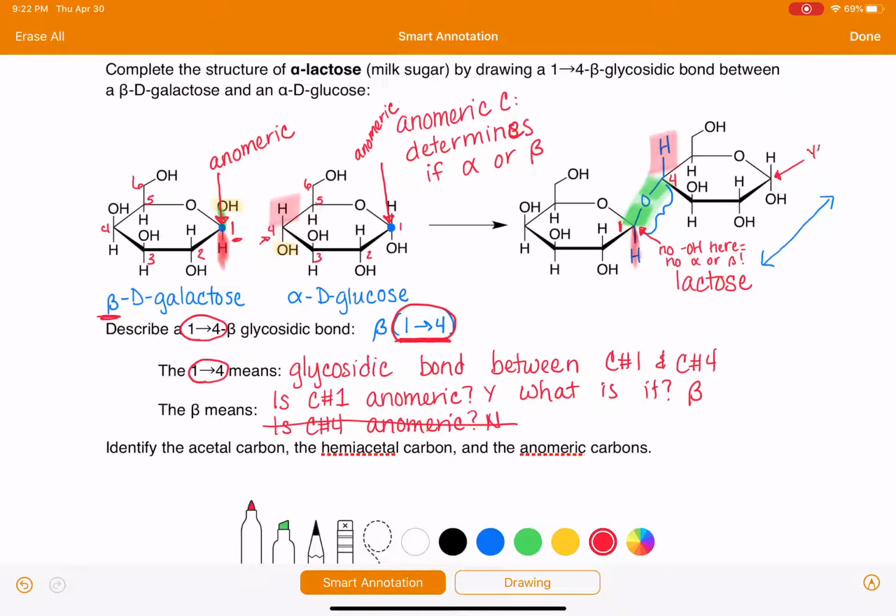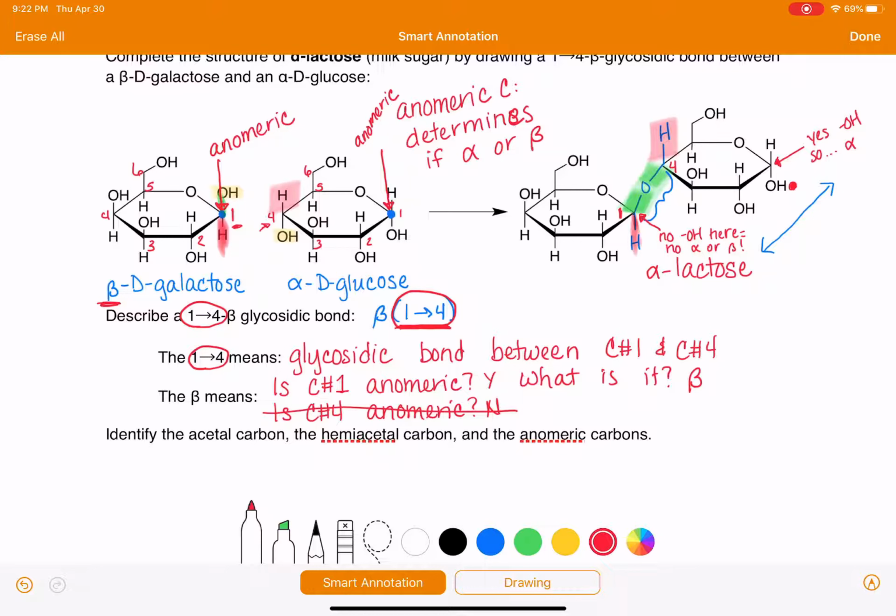But yes, we have an OH over here. So where is it? It's down, so it's alpha. So this is alpha lactose. If this OH group was sticking up, this would be beta lactose, but it would still have a beta 1,4 glycosidic bond.